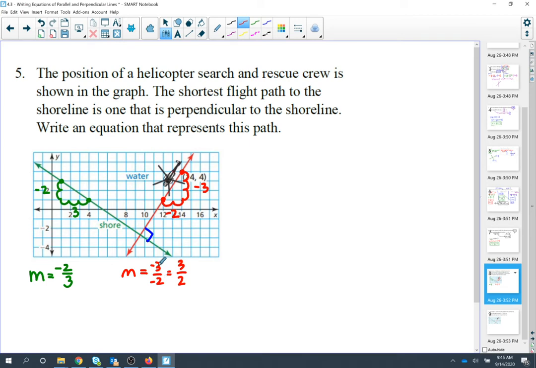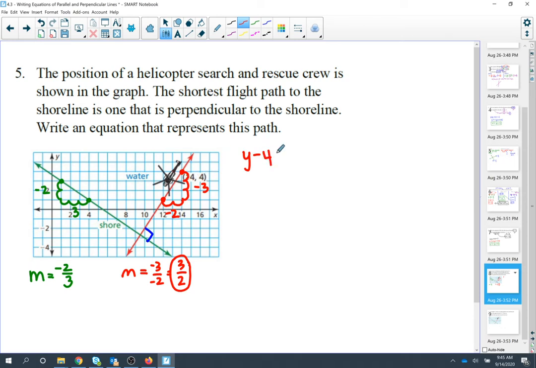Now, I want the equation of the red line, so the slope we're going to use is this one. I wasn't given a y-intercept; that would be down here somewhere, and I can't find it. But we were also given this point 14, 4. So I'm going to do y minus y1, using 14, 4.